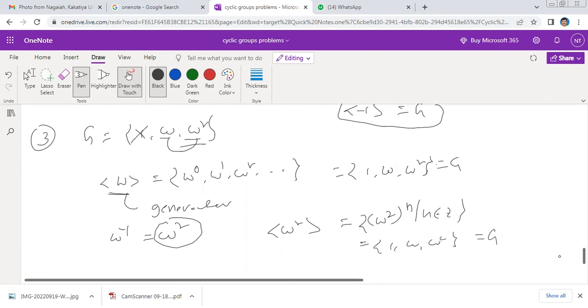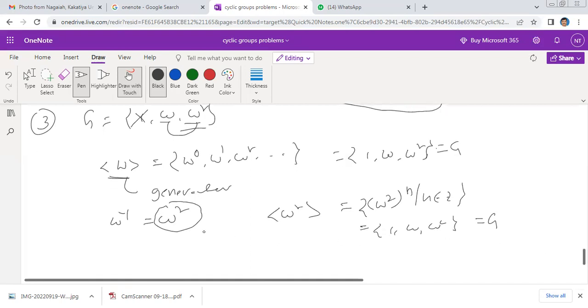Therefore, this is equal to G. Now the statement is omega inverse and omega are both generators. Therefore, their orders are the same. The order of omega inverse and the order of omega are the same.